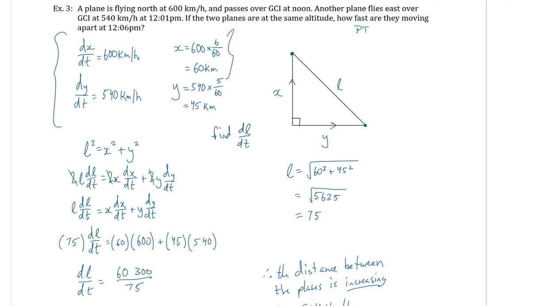We had to do a little bit of work to find them. We had to turn a number of minutes into a number of hours. We had to recognize that we were given time in minutes that had passed, but our speeds were in terms of hours. You could have converted this to kilometers per minute instead and put everything in terms of minutes. Generally speaking, we choose not to change rates.